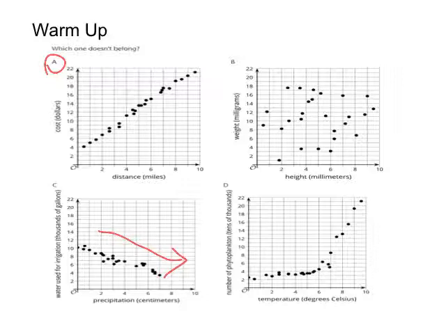And in D, it's increasing like A, but this one's increasing at what you might call an exponential rate. It starts going up slowly and then increases much quicker. And that is not a linear model. So hopefully you chose one, and why you chose it was one of those reasons.